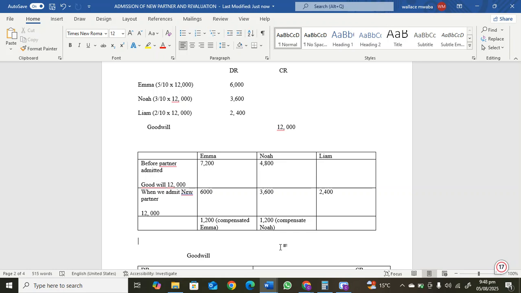And then the reason for the debit entry is because we are writing off the goodwill. You do not want goodwill to appear in your financial statements. So you need to write off the goodwill.